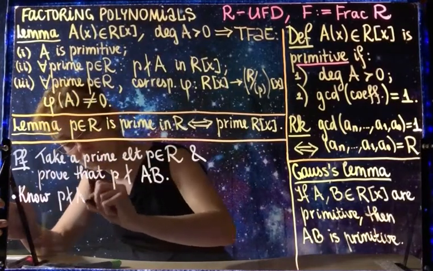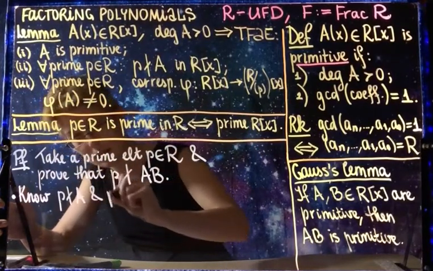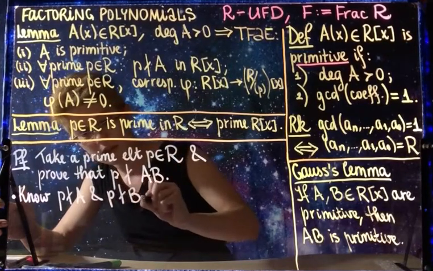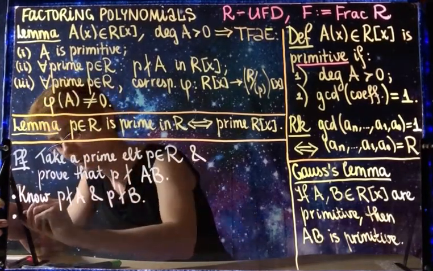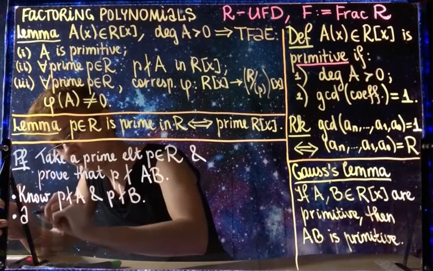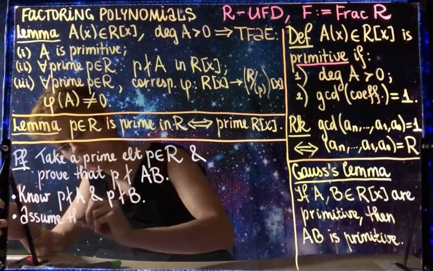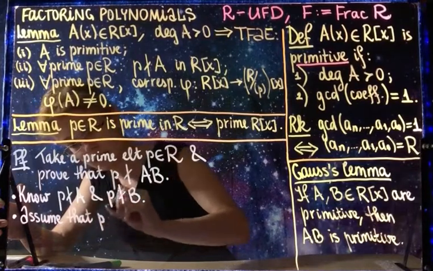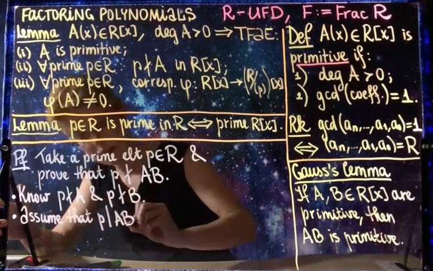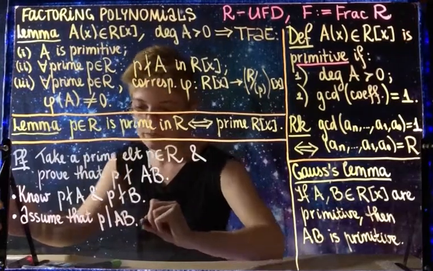So P does not divide A, and P does not divide B. Let us prove by contradiction and assume that P does divide the product A times B.